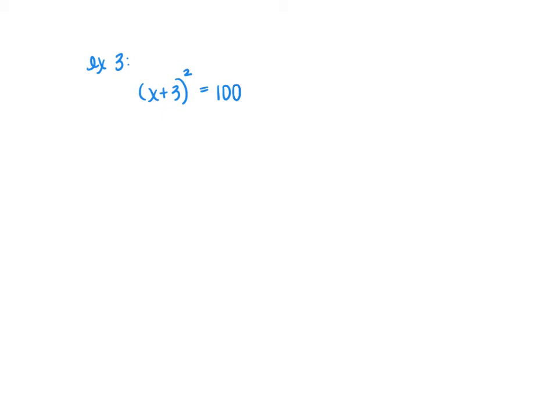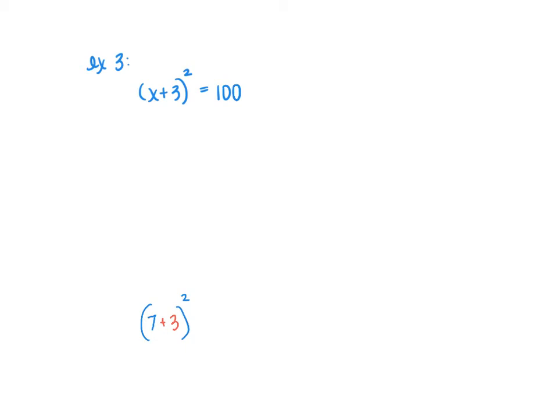Most of us know that 10 squared is 100. So what would have to go in that parentheses? Well, 7, right? If I had 7 plus 3 squared, that would be 10 squared.